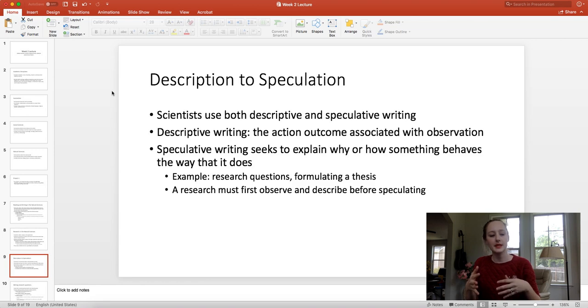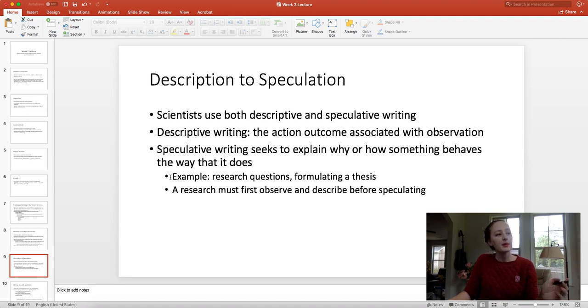Once there's been enough observation, scientists move to speculative writing. In speculative writing, they're speculating on why or how something behaves the way it does. So I would think, why do plants grow better with, I don't know, classical music than rock music? I'm clearly not a scientist, so ignore my fake experiments.